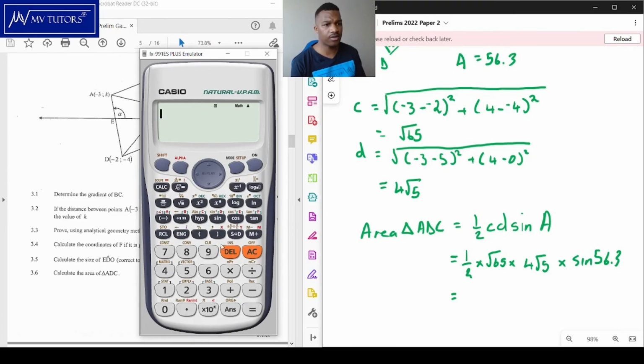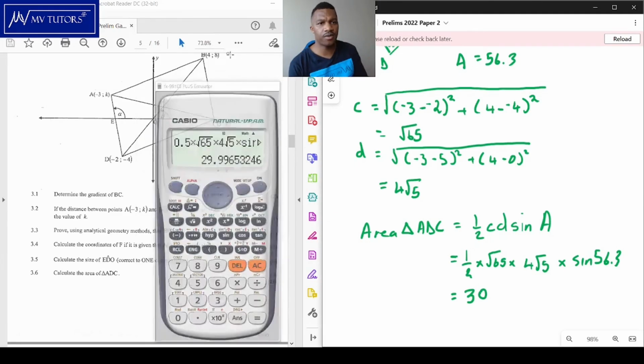It's 0.5 for the half times square root of 65, go to the side, times 4 square root of 5, go to the side, times sine of 56.3, close the bracket, and it equals 29.9996, so that's like 30.